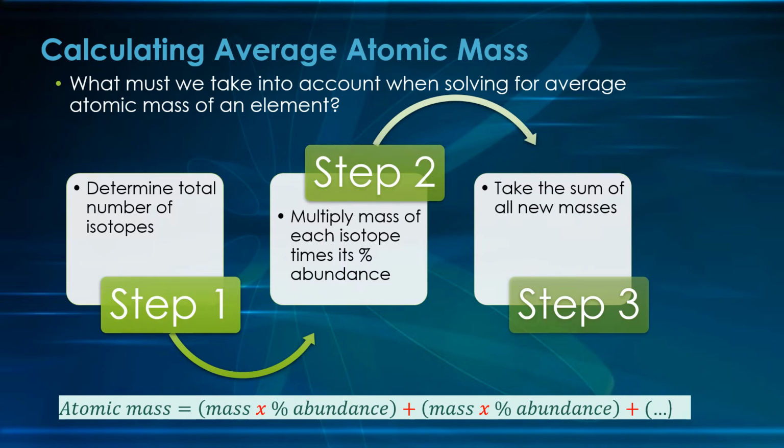So this is the overall formula we'll use to calculate average atomic mass. Atomic mass is equal to the mass of the isotope times its percent abundance, plus the mass of the other isotope times its percent abundance, and this continues until I have multiplied every single isotope times its percent abundance.